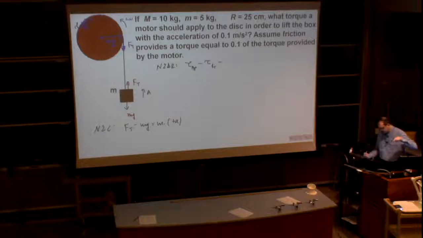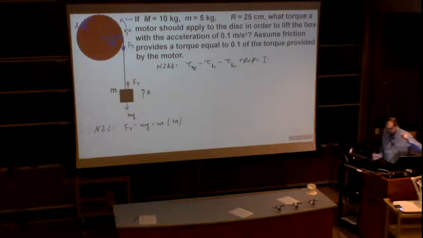Tension provides a negative torque. Done with torques, plus 2 zeros because of gravity and normal. And that has to be equal to the moment of inertia times angular acceleration, which will also be positive. Angular velocity is positive and it's speeding up.